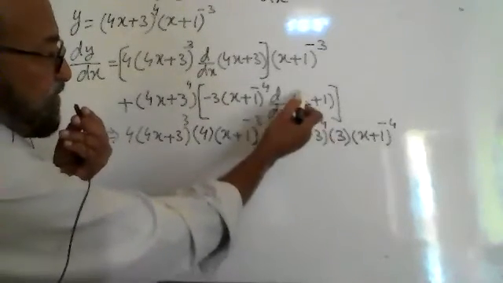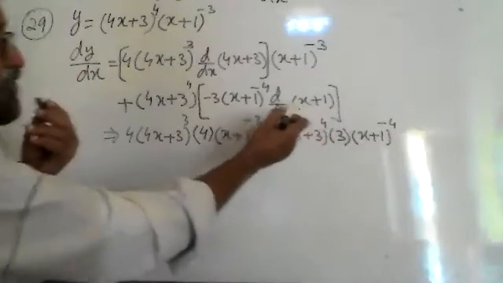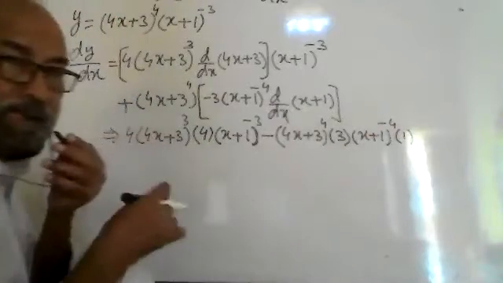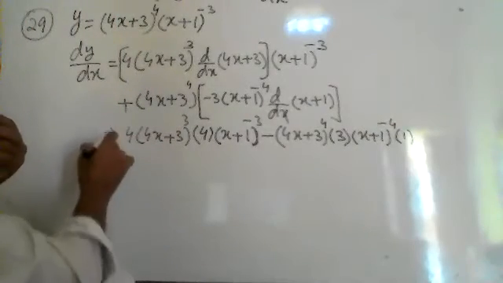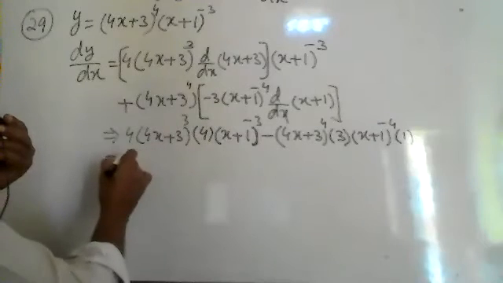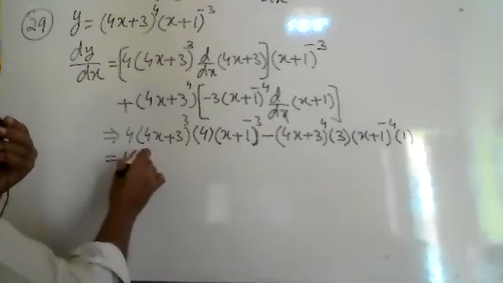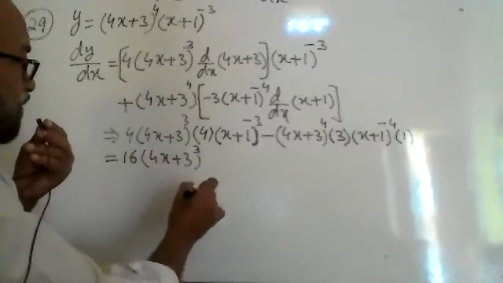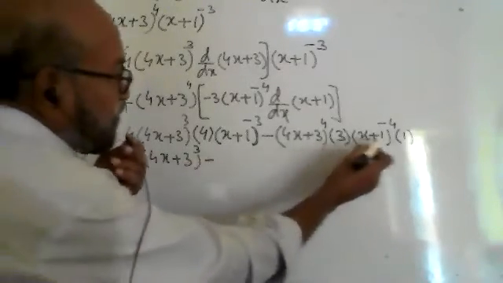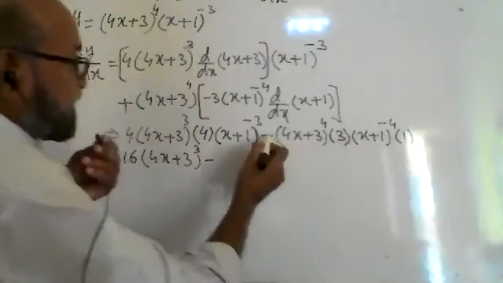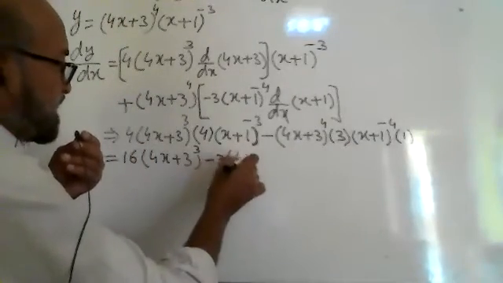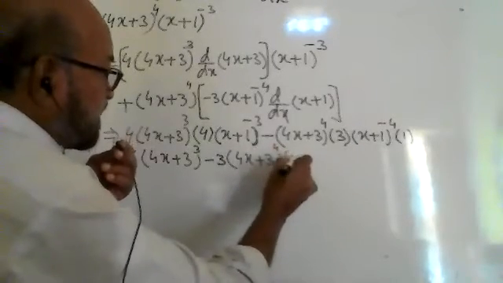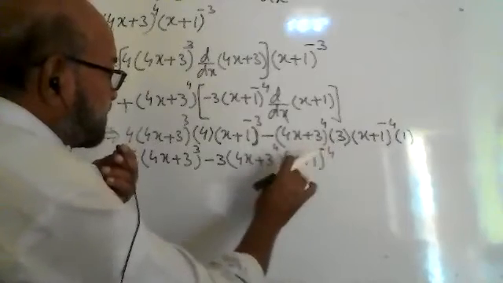The derivative of x will be 1 and derivative of 1 will be 0. So 1 plus 0 will be 1 into 1. Further simplify. 4 into 4 will be 16, 4x plus 3 raised to power 3, minus 3 into 1 will be 3. 3 will be written first. Then 4x plus 3 raised to power 4 into x plus 1 raised to power minus 4.